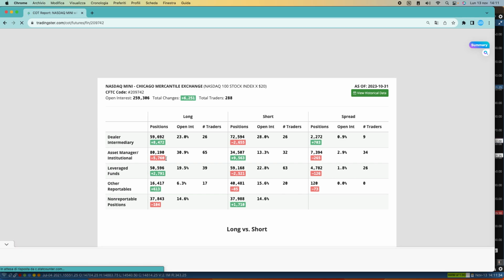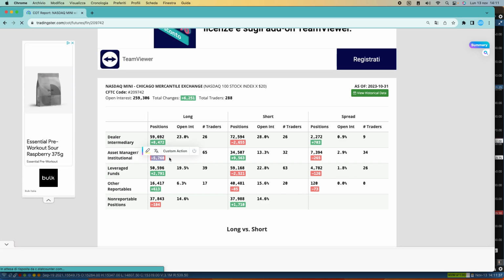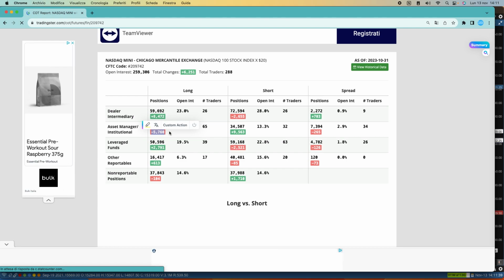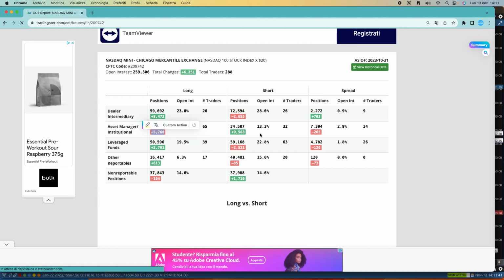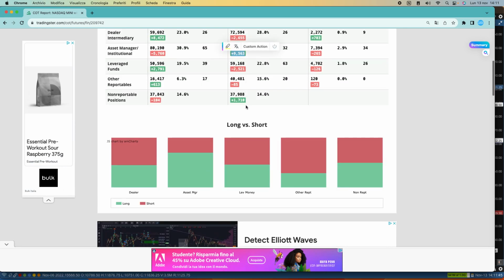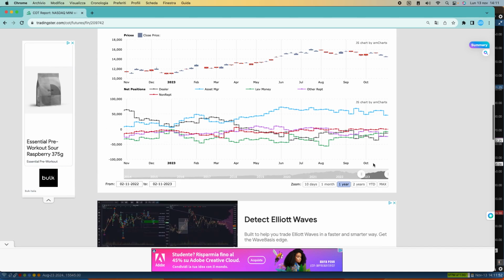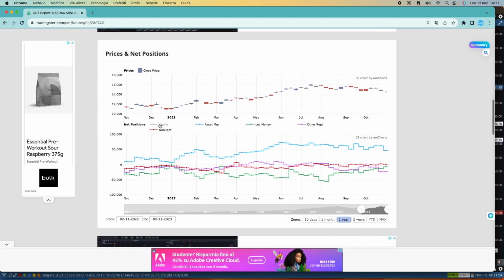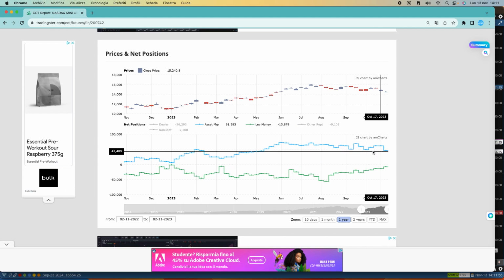But to be honest, last week asset managers closed long positions and opened strong volume of bearish trades. The net position remains long, but for the first time the structure is broken, after 1 month.